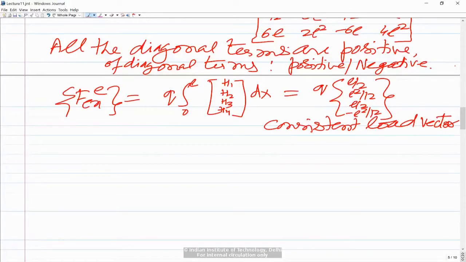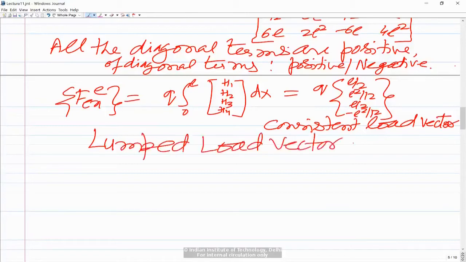So it is consistent with the shape function or interpolation of the unknown displacement, that is v. Another possibility is that you can also use a lumped load vector. I am telling you this concept, but we are going to use the consistent load vector only. That is more accurate.